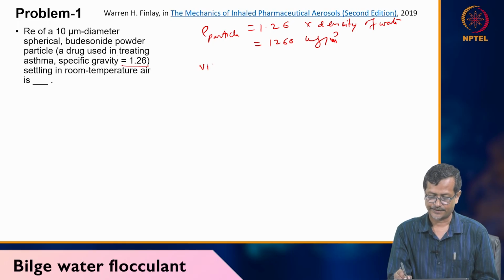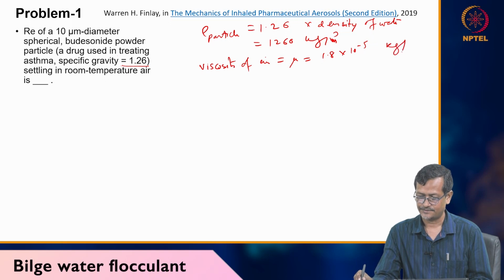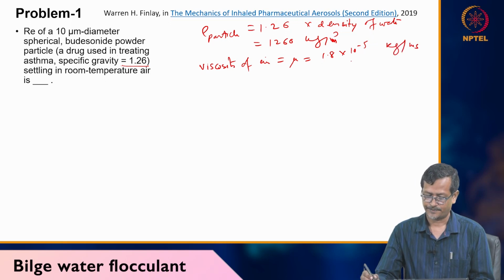So viscosity of air equals 1.8 into 10 power minus 5 kg per meter second.